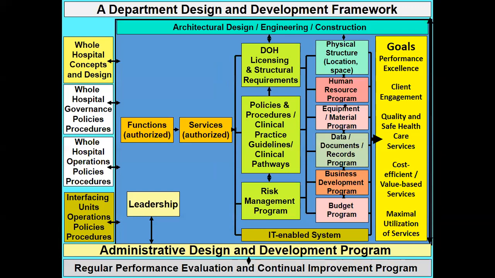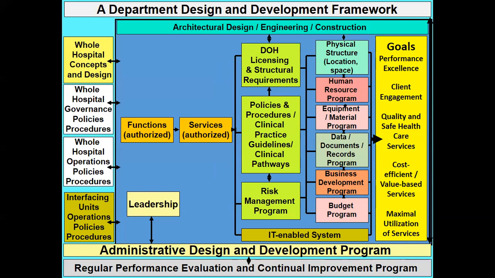This slide shows the essential and basic components of a department which must be present to facilitate accomplishment of its authorized functions and services and achievement of its goals. So there are so many boxes, which represent the different components.